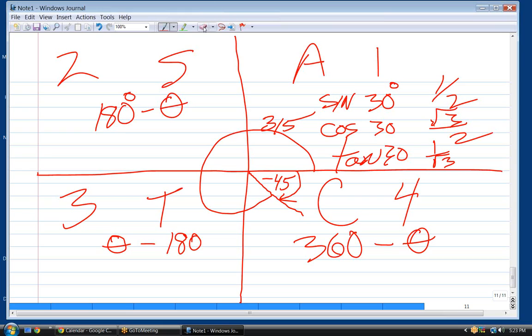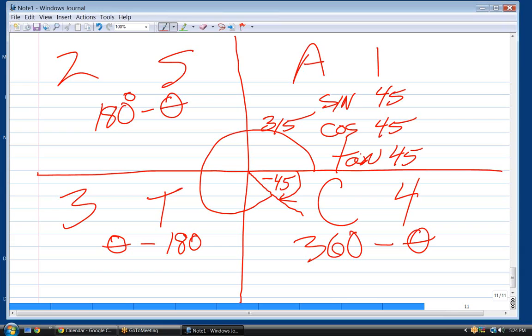And then the 45-degree angles, it's worth memorizing those as opposed to memorizing those 2 triangles. You can always figure these answers out from those 2 triangles, but rather than have to always refer to them, it's really good to memorize those.